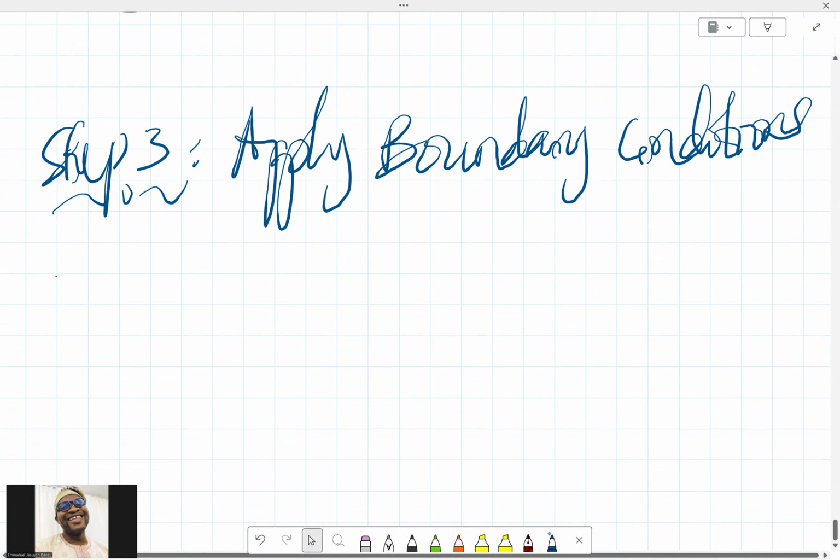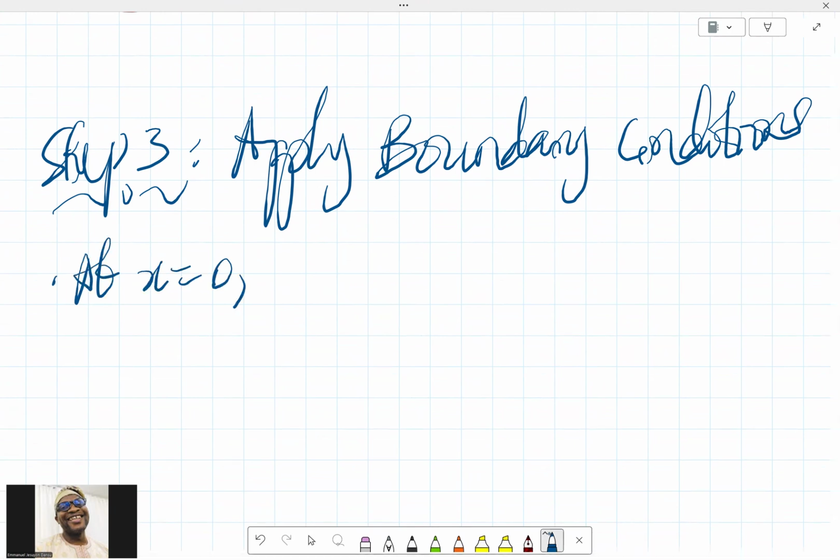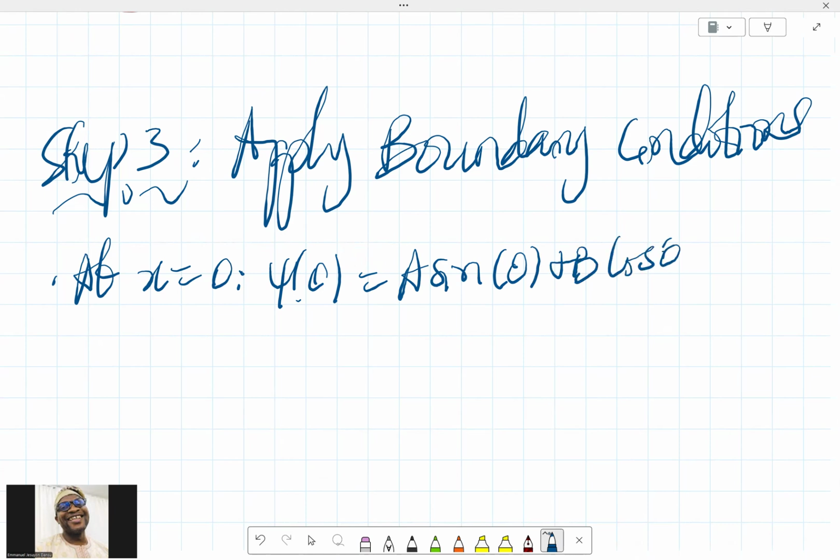So here we say that at x equals 0, psi equals 0. If you remember the boundary conditions, we had psi of 0 equal to psi of a equals 0, meaning that at x equals 0 and at x equals a, psi is 0. So at x equals 0, psi of 0 is equal to A sin 0 plus B cos 0.